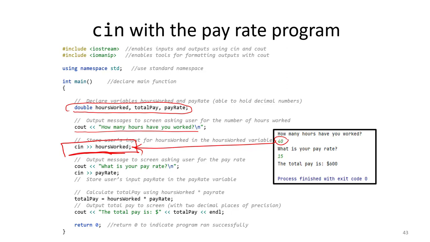Similarly, we can ask our user for the pay rate and use cin pay rate to take whatever data was given and store it in the variable pay rate. And then finally, all we need to do is a little math. Total pay is hours worked times pay rate, and we can output to the screen.